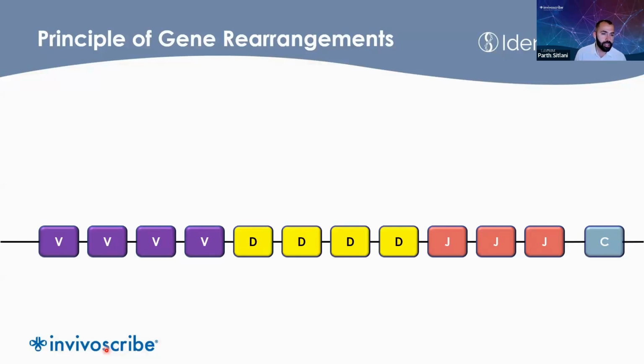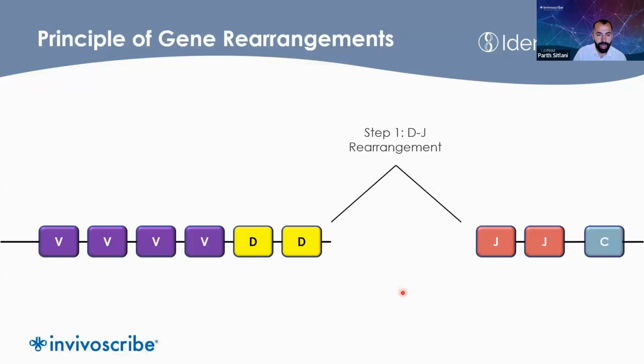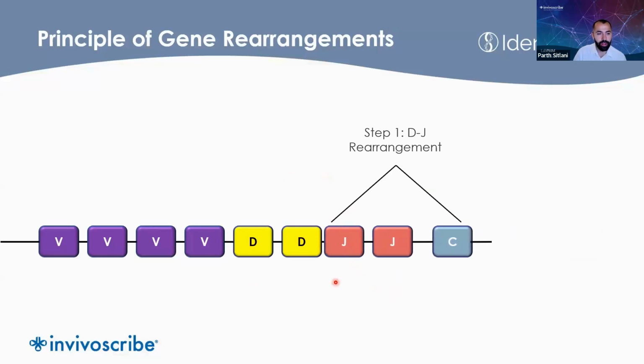At these genetic loci, we have a rearrangement process that occurs during cell development that causes gene segments that are very similar to each other in sequence, but slightly different, to rearrange. A portion of that DNA is cut out and pasted back together.